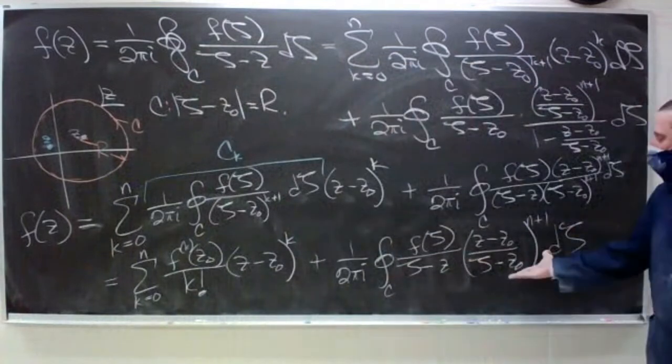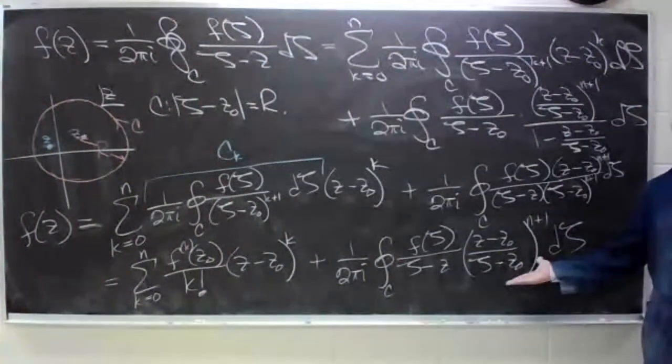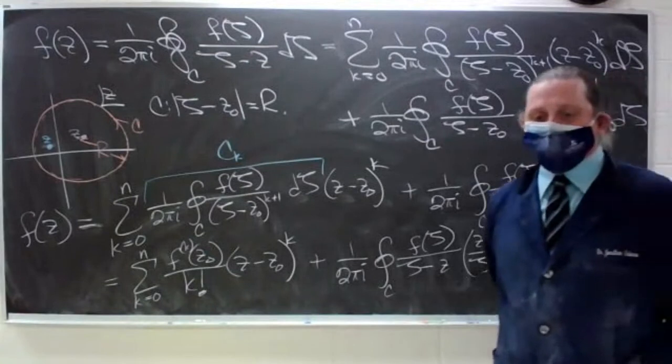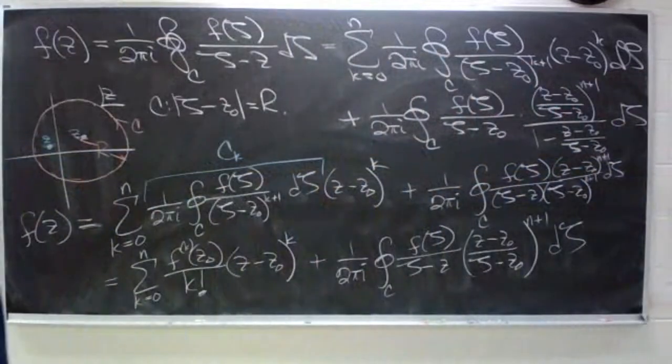This is the exact error in cutting our Taylor series approximation off at k equals n.